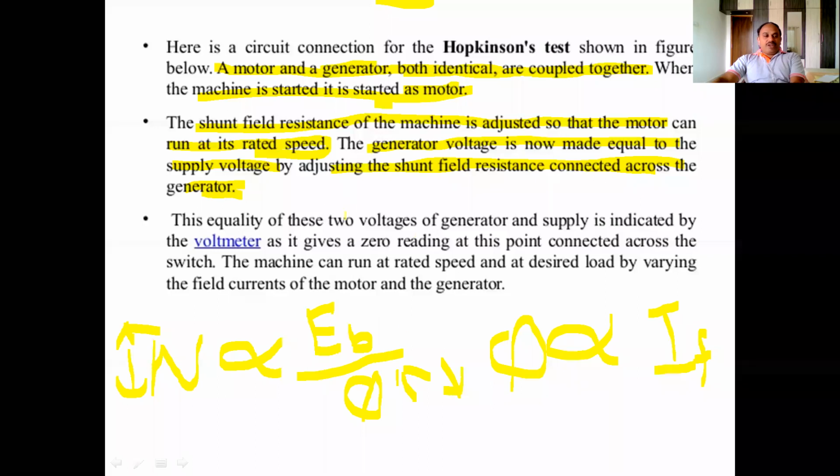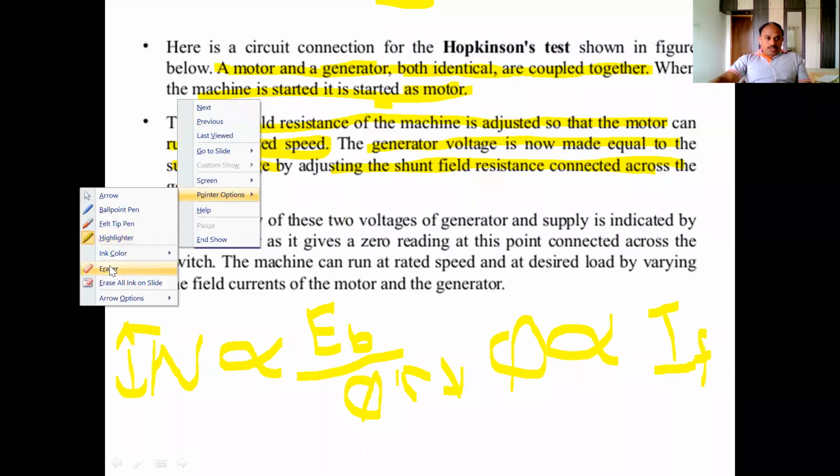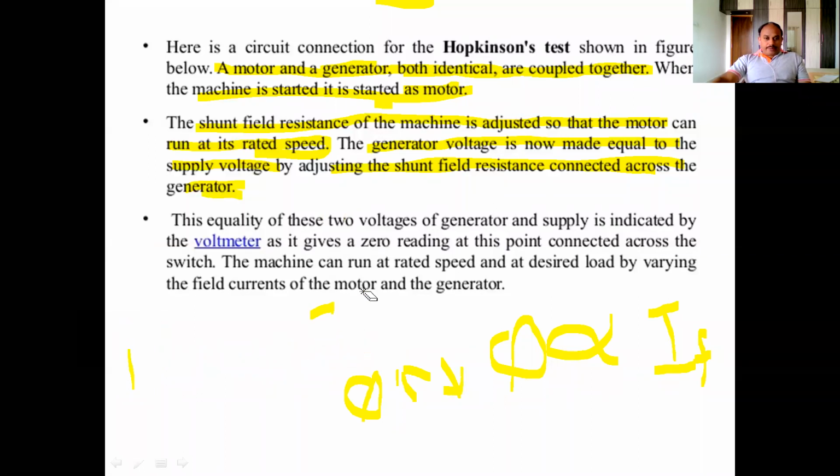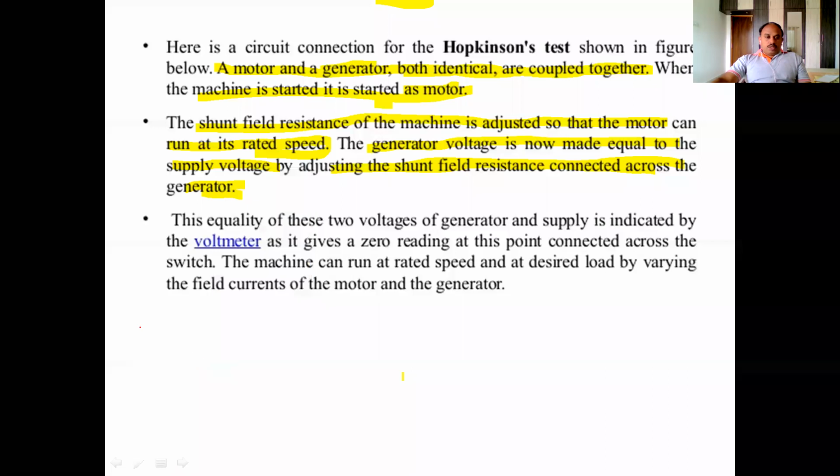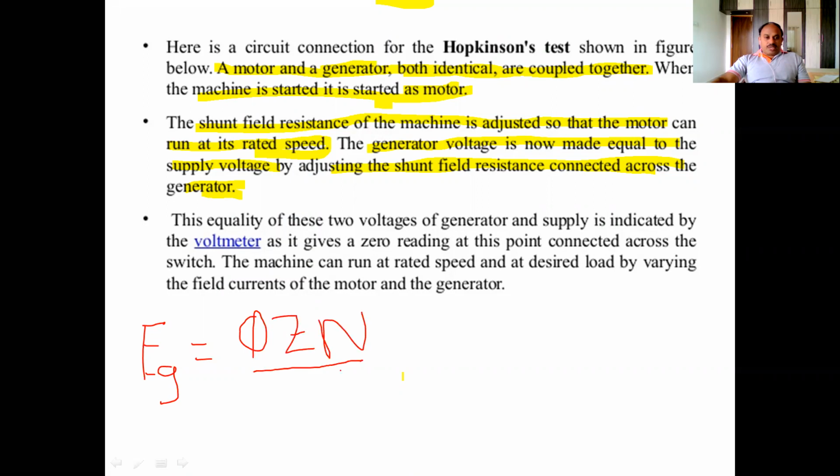The generated EMF in a generator is given by Eg equal to phi Z N by 60 into P by A. So this is the formula for generated EMF in a generator.